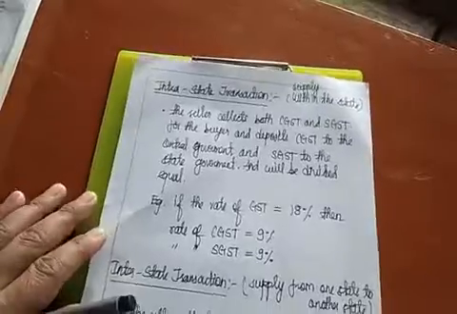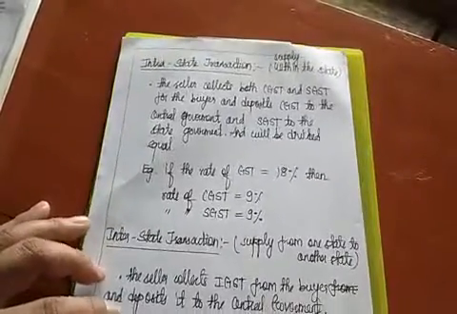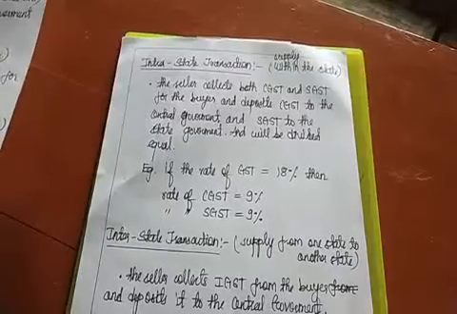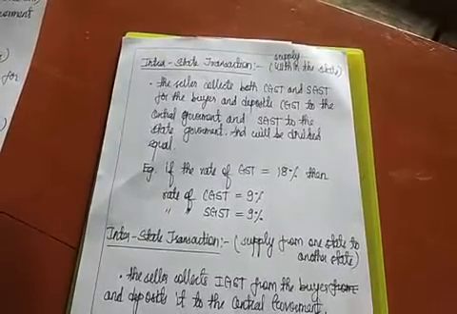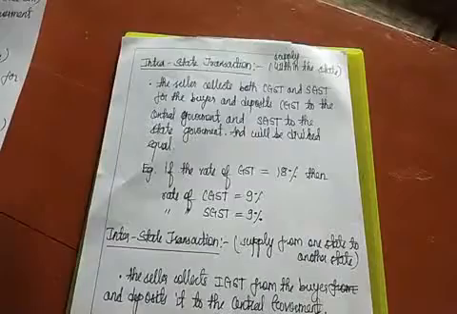Now we come to intrastate and interstate transactions. Whenever there is a supply of goods, it is either within the state or outside the state, from one state to another.